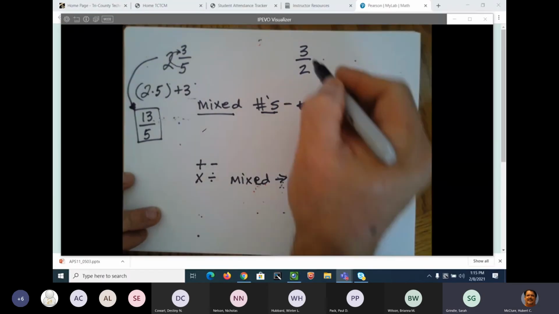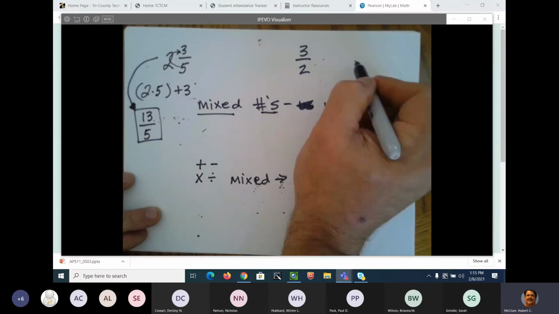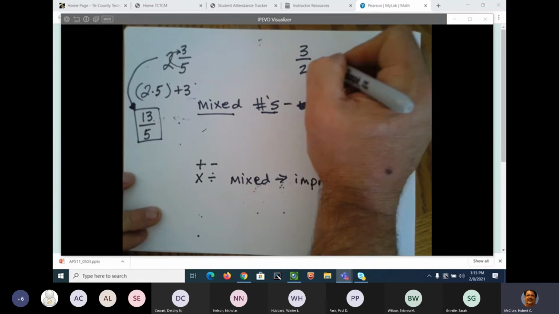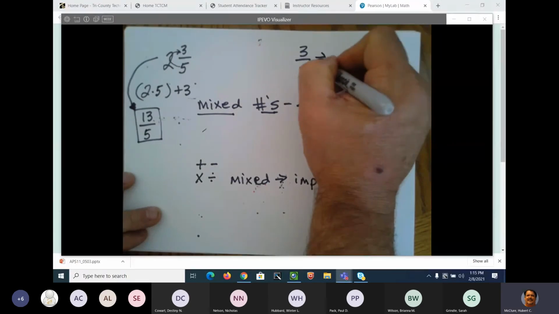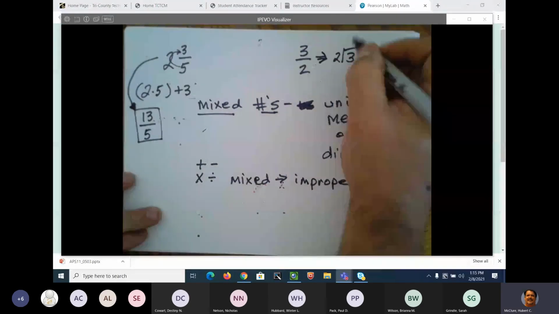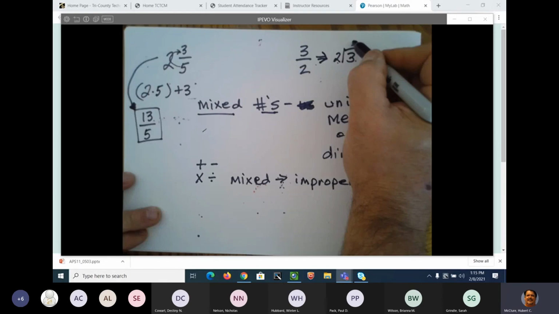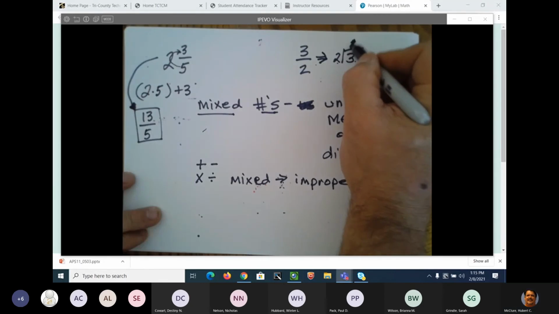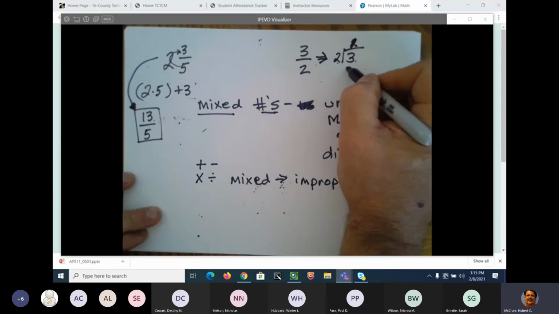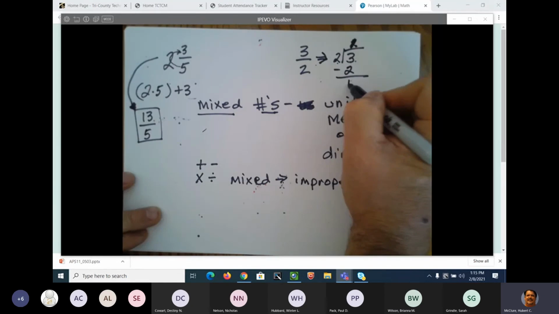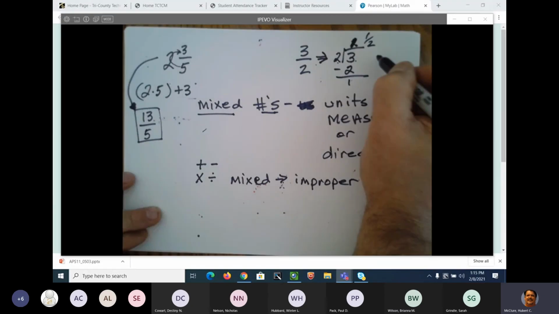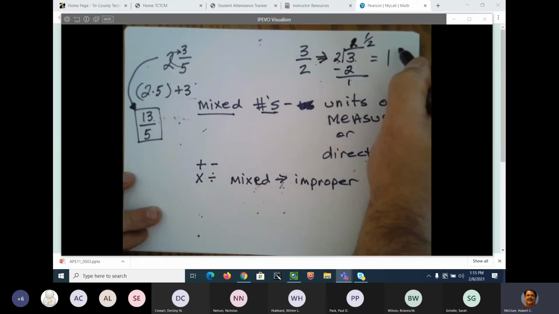Now, to go from an improper fraction to a mixed number, you just divide. 2 will go into 3 1 time. 1 times 2 is 2. Subtract, 1 remainder, 1/2. And that's equal to 1 1/2. And that's how you change a mixed number.